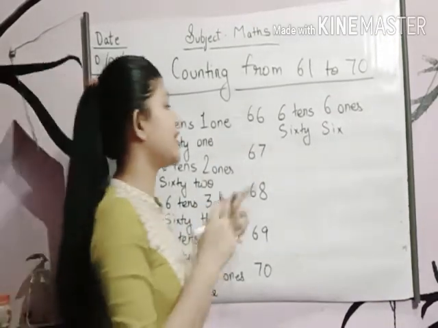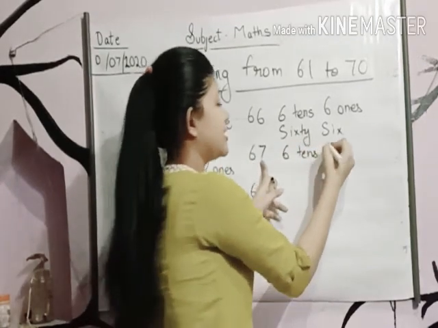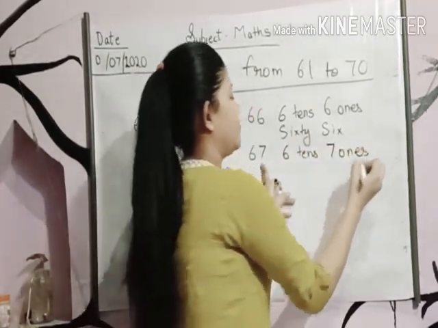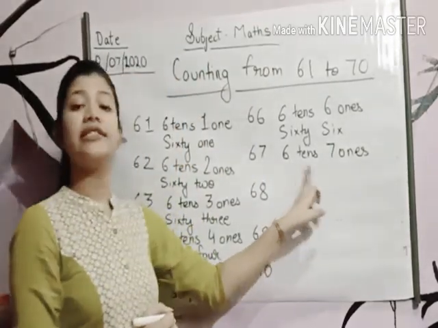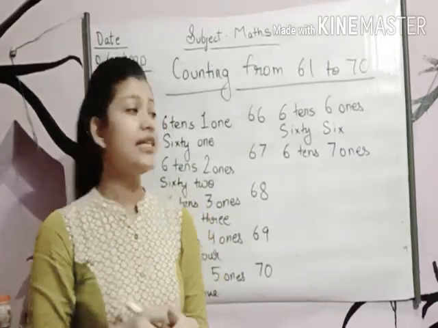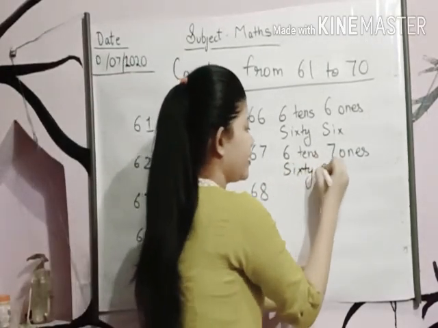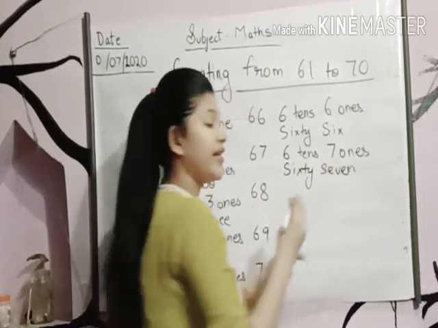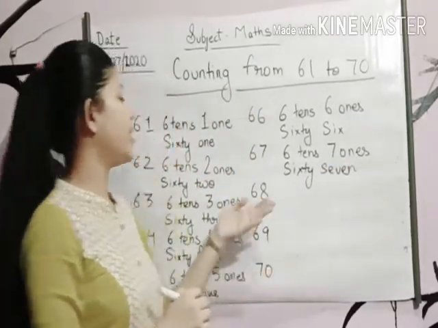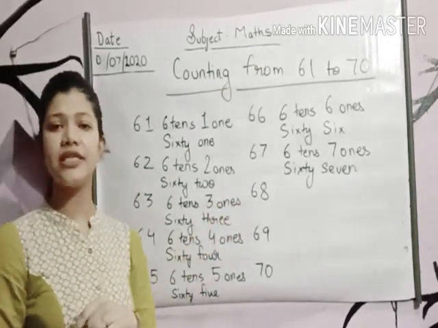In number 67, again 6 will be placed at the tens place and 7 will be placed at the ones place. So 6 will be called 6 tens and 7 will be called 7 ones, and we can write it as 67. Yes. Now let's come to the next number 68. Now we will follow the same step in 68.